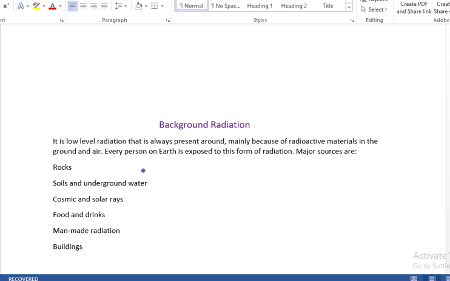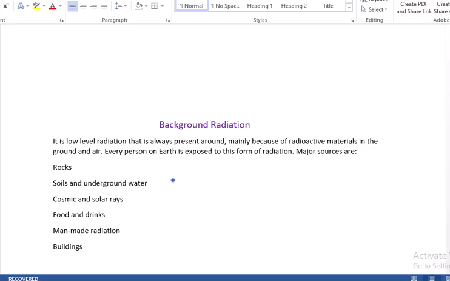Background radiation. So background radiation is a low-level radiation that is always present around, mainly because of the radioactive materials in the ground and air. Every person on Earth is exposed to this form of radiation.